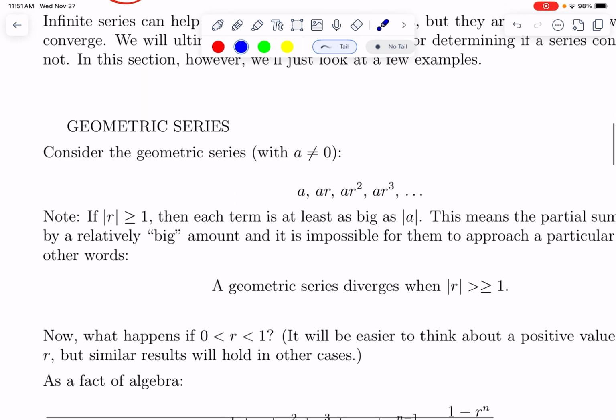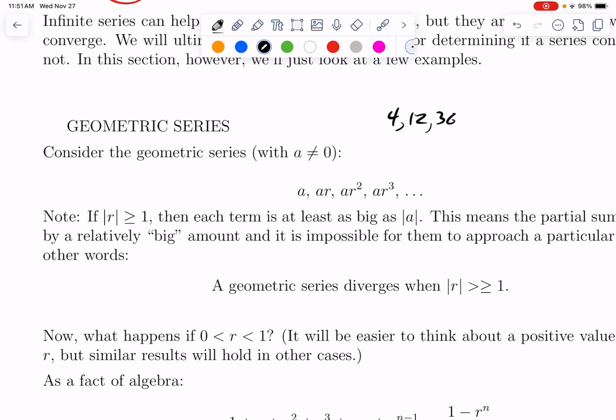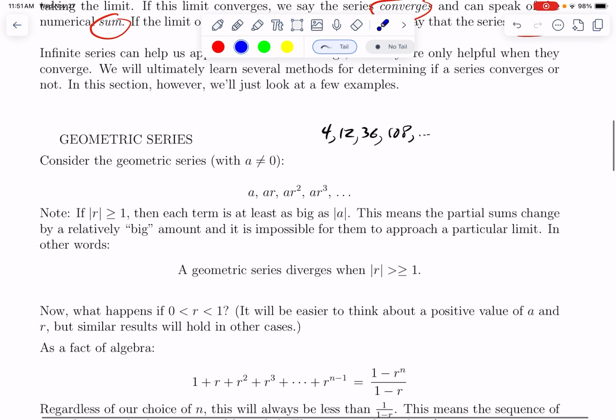So let's think about a geometric series. I'll remind you, a geometric series is one where we're always multiplying by the same amount. So for this one, I started with 4 and times 3, times 3, times 3. Now, what if I wanted to add these together?